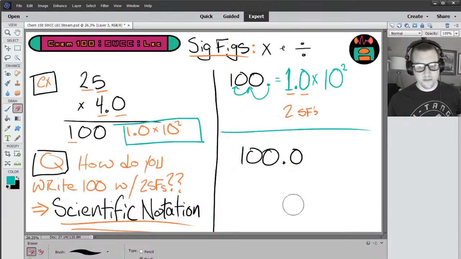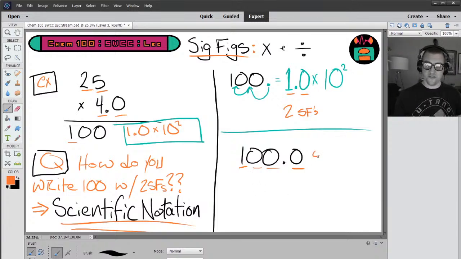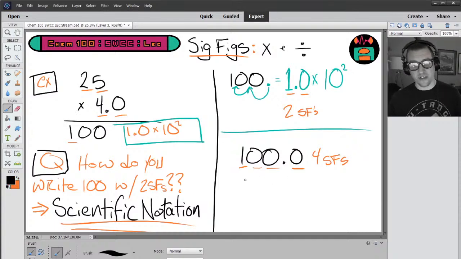That has 4, because our non-zero digit is significant, our 0 to the right of the decimal and at the end of the number is significant, and then these two zeros are significant because they're in between. This has 4 sig figs. Usually when we need to add sig figs, we just add 0.0, right? But 100.0 has 4 sig figs. 100 has 1 sig fig.